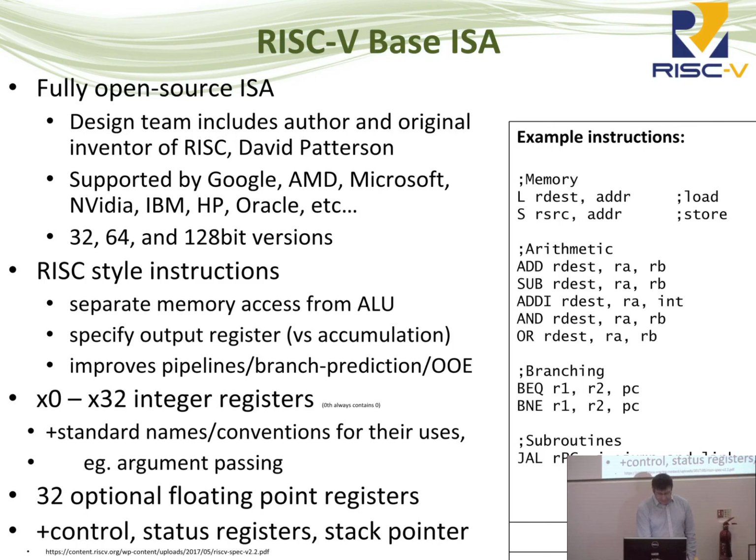There's usually 32 integer registers, and they're just called register 0 up to register 31, rather than having these complicated names that you see in x86 architecture that have evolved over time. And then everything else in RISC-V is optional.